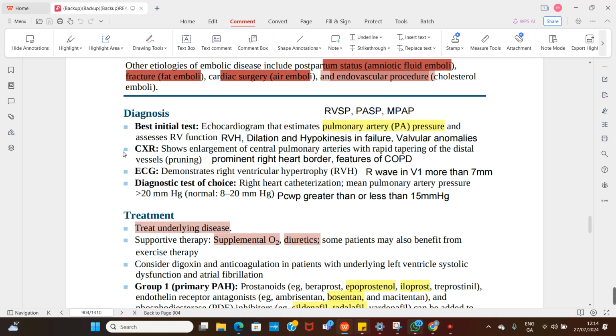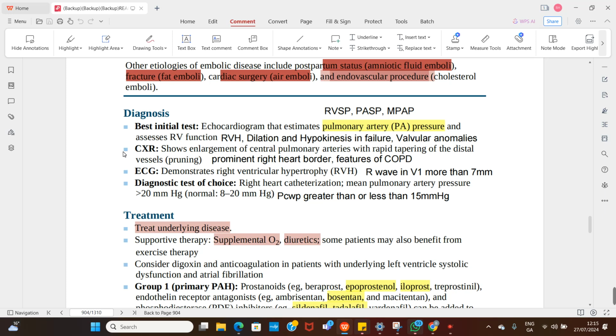Then you can do your chest X-ray. What are you looking out for? The question can portray this. They will tell you that the person presents with dyspnea, fatigue, blah blah blah, and probably has a history of COPD, and they did the chest X-ray. They were seeing enlargement of the central pulmonary artery with tapering of the distal vessel. Just know that blood is not getting to the distal part.